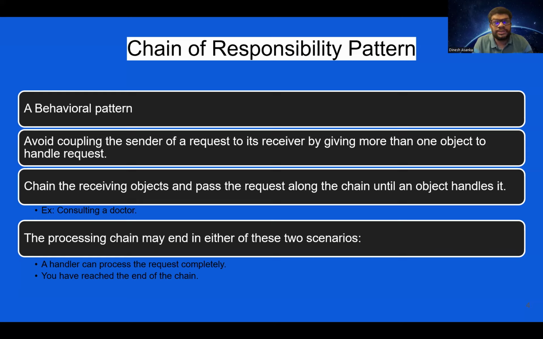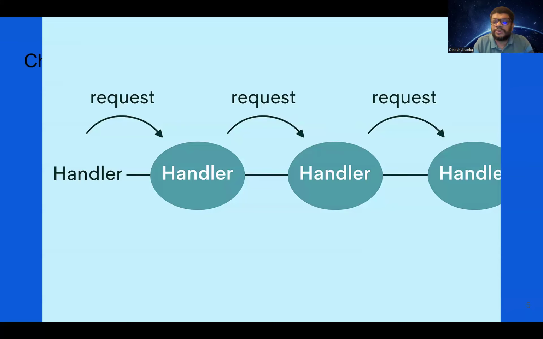You have not got a solution, but you have hit the end of the chain. This is how it happens. You get a request and you send it to handler one, and then to the subsequent handler. If it isn't handled, you send it to the next handler until you get the solution or until you hit the end of the chain.